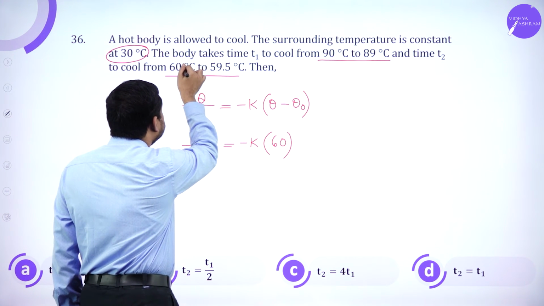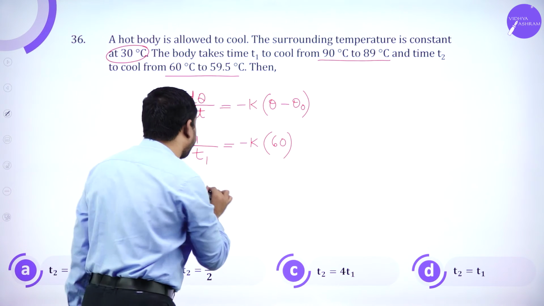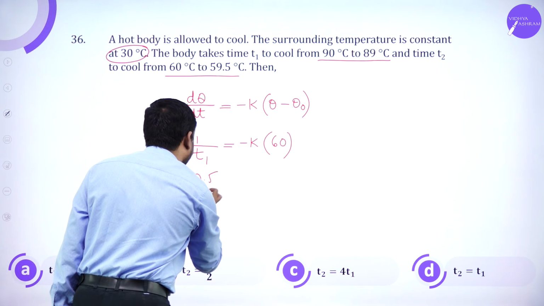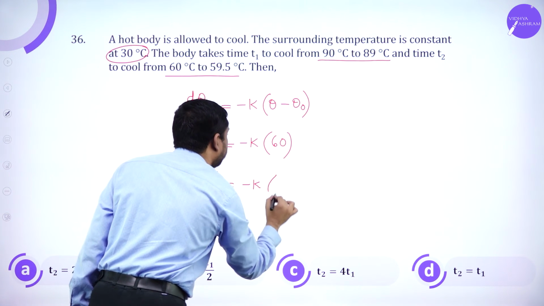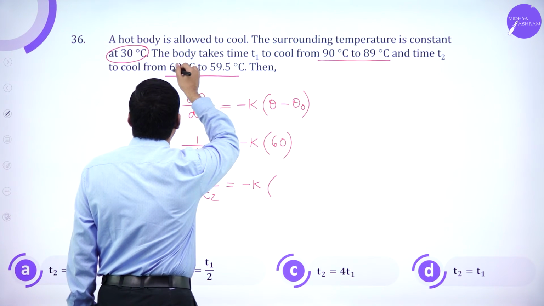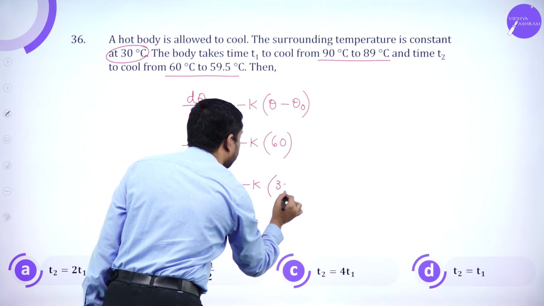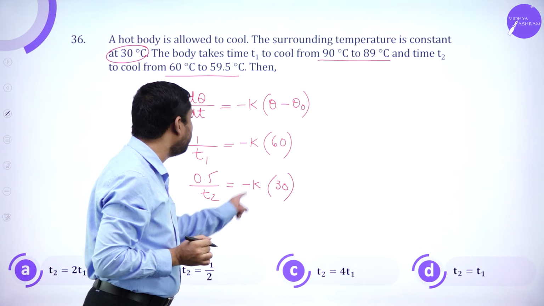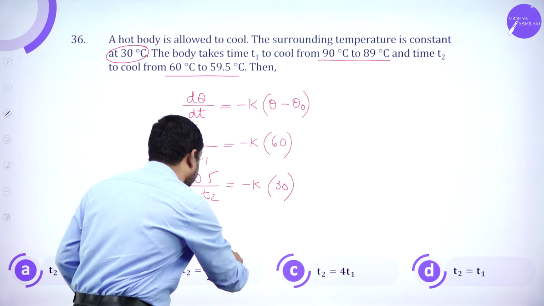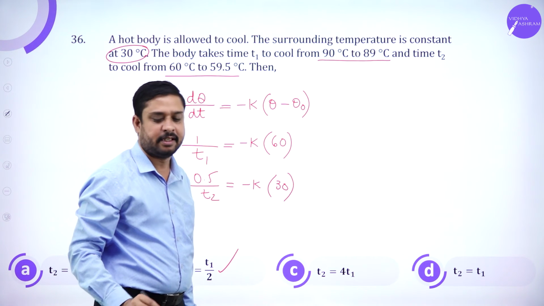Second case, 60 to 59.5, 0.5 by T2 equals minus k, this is 60 minus 30. So very clearly, T2 is T1 by 2, half. So this is the answer.